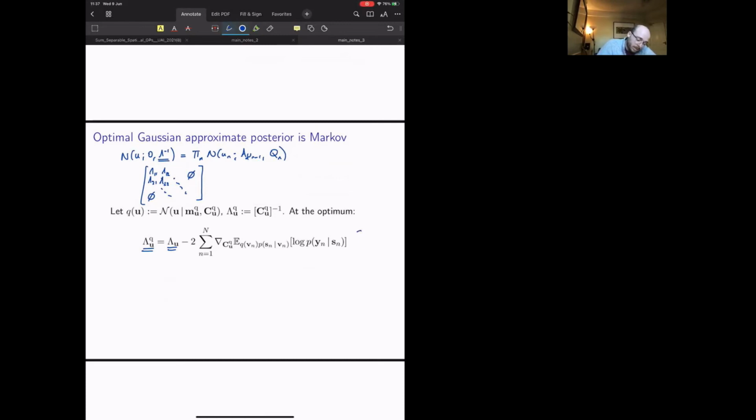Now, this expression is the thing that the optimal approximate posterior precision will satisfy. You can get this either by brute-force rearranging stuff with Gaussians, or from an exponential family manipulation route. Anything's fine there.